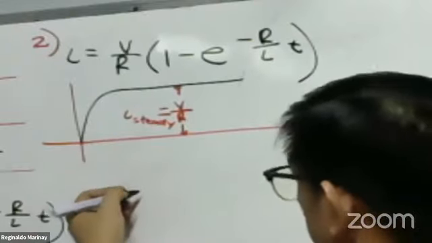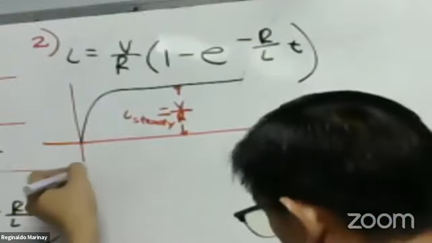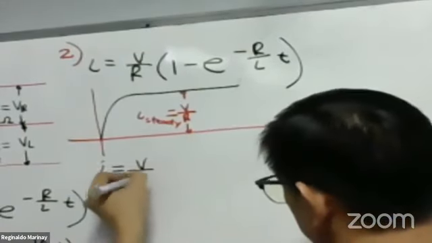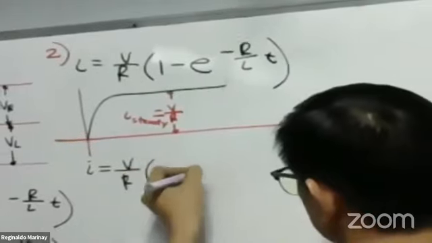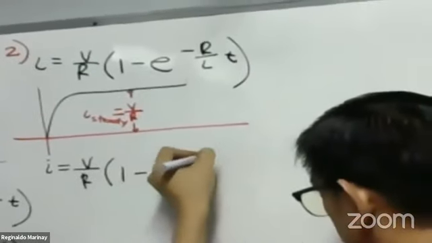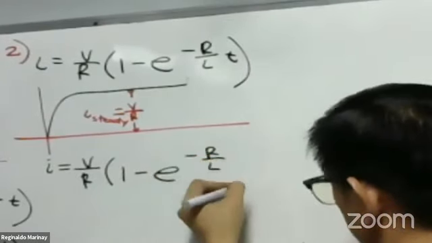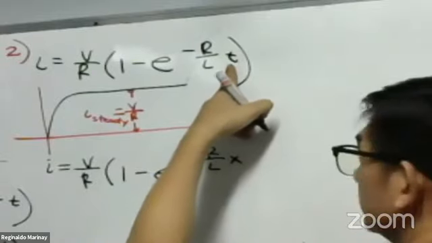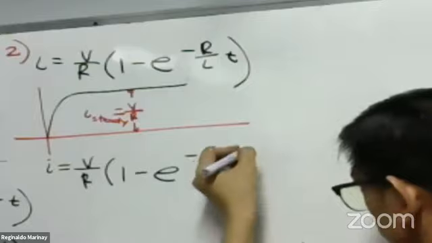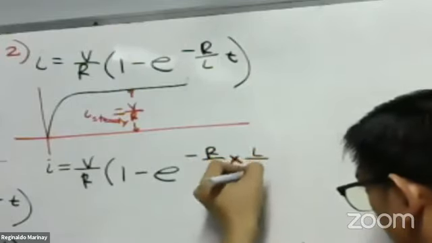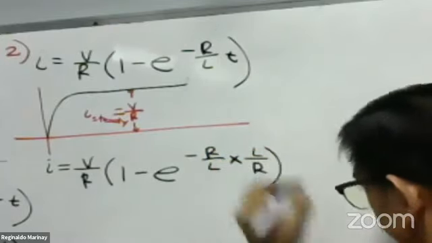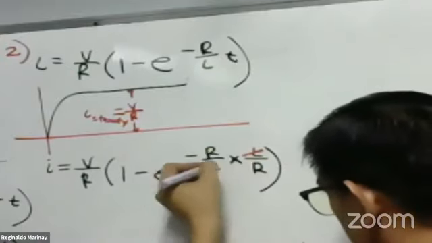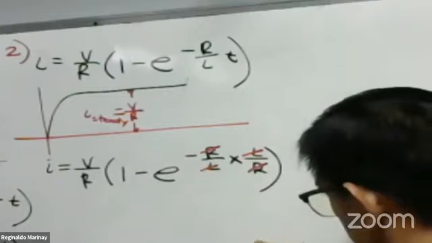The time constant is involved. So we have i equal to, please focus your camera here, 1 minus e raised to negative R over L times t. Our t here is equal to the time constant, which is L over R. So this L will cancel out, and this R will cancel out.